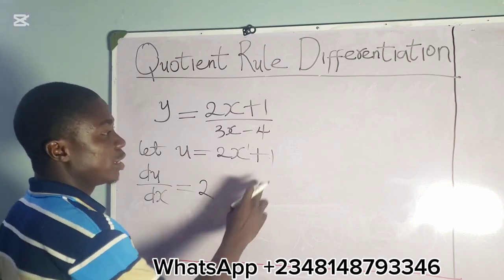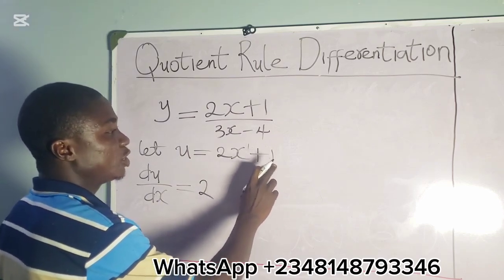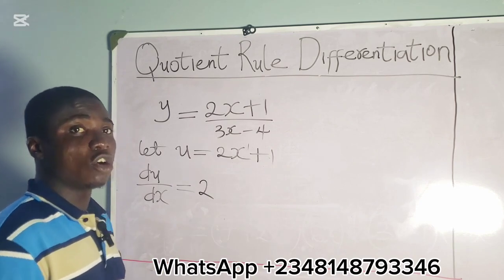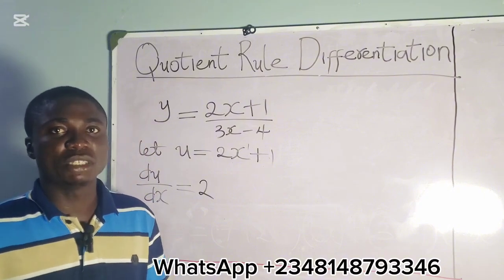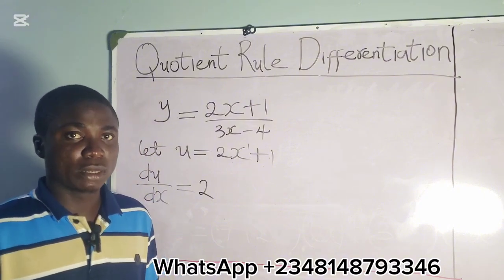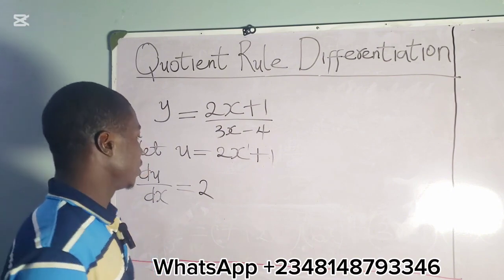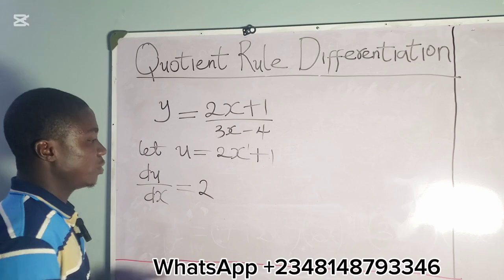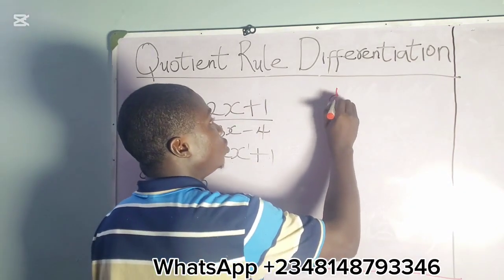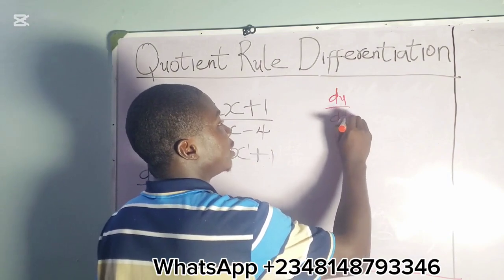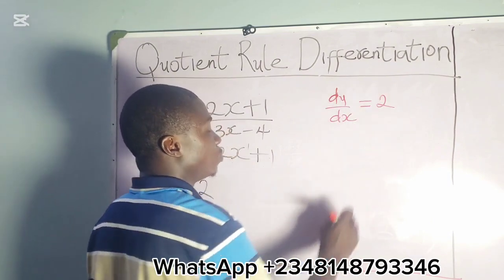And we also have positive 1. 1 is a constant, and whenever you differentiate a constant, it automatically becomes equal to 0. Take note of that. So du/dx is equal to 2.